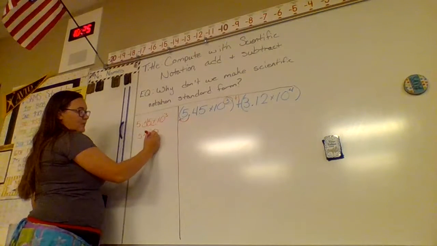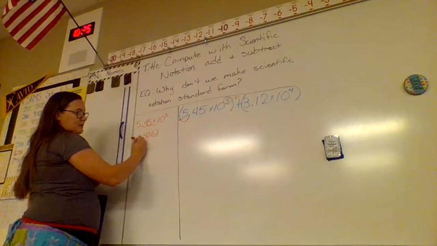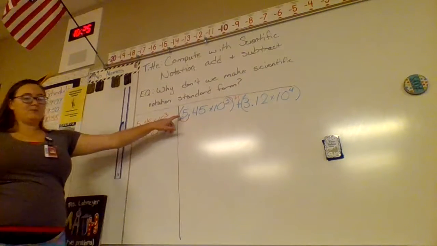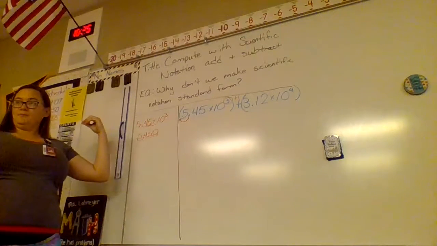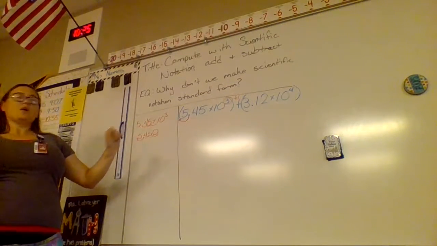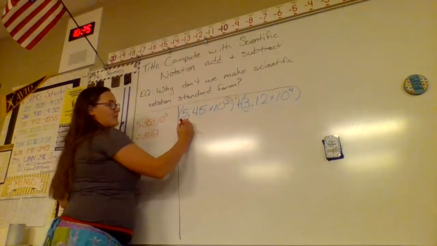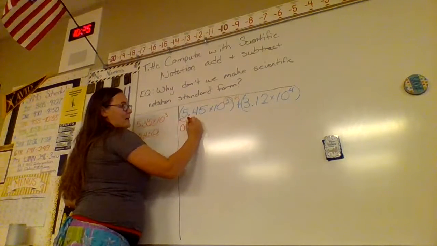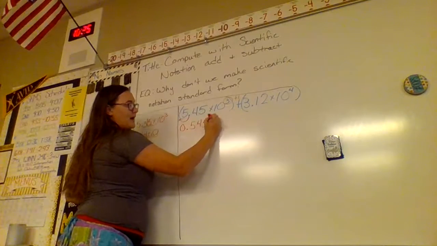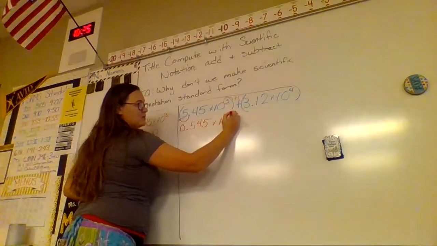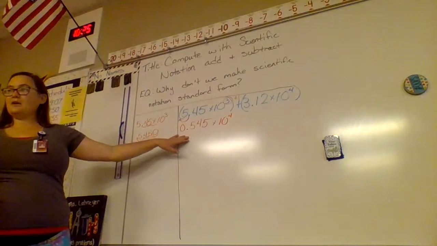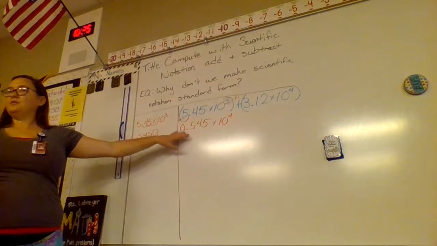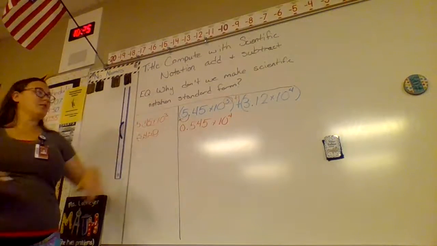But if I moved it 1, 2, 3, 4, it places the decimal in front of the 5, right? You added 1 more loop to it. Does that explain it better? Okay. So this is now 0.545 times 10 to the 4th. Is that a true scientific notation? No. And our final answer will not look like this.